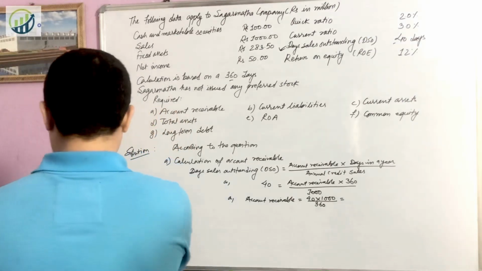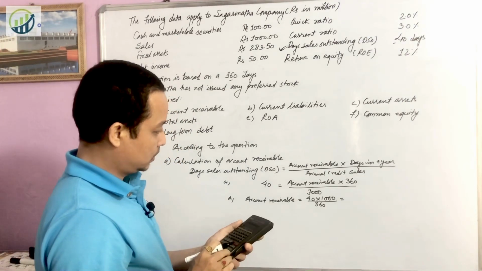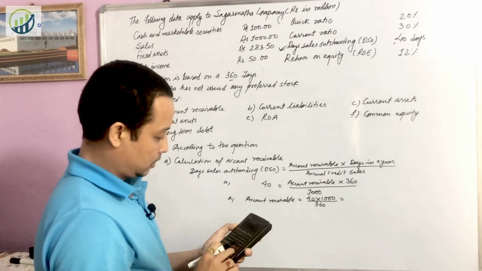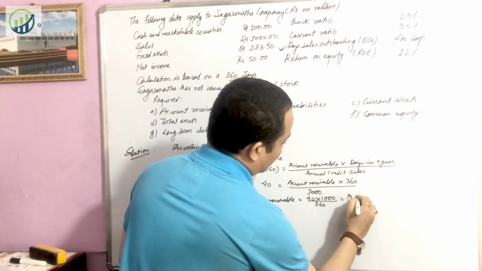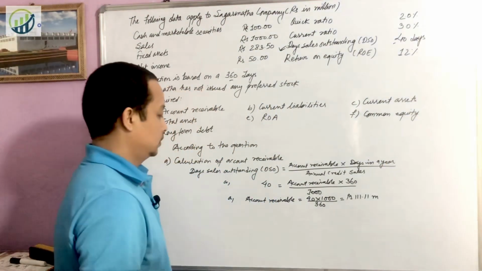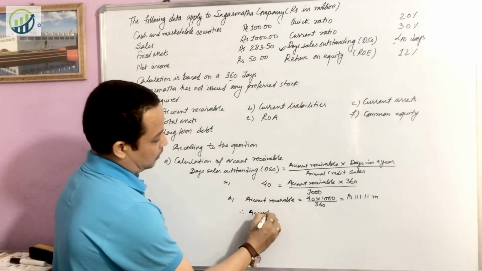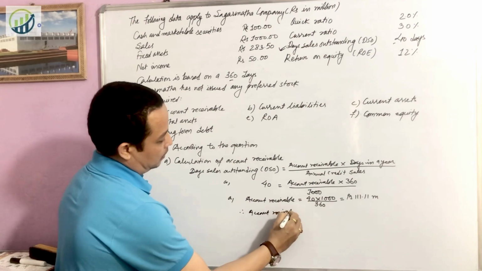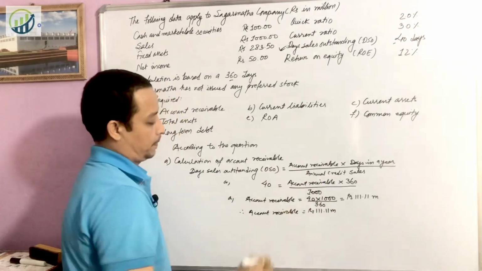That is 40,000 divided by 360, which is rupees 111.11 million. Therefore, accounts receivable is rupees 111.11 million.